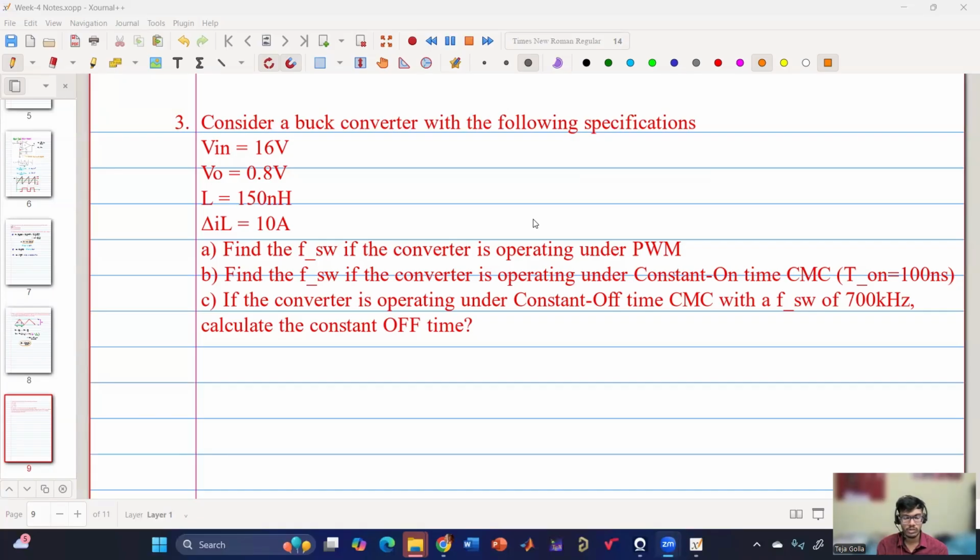Okay, have you understood the question? Yes. So just give it a try. I'll give you 2 minutes and then I'll start solving.